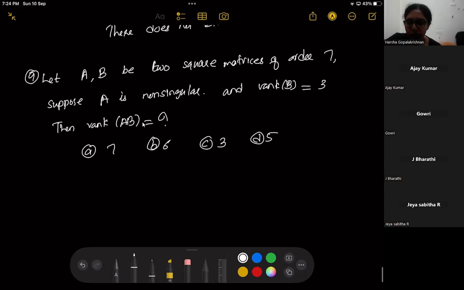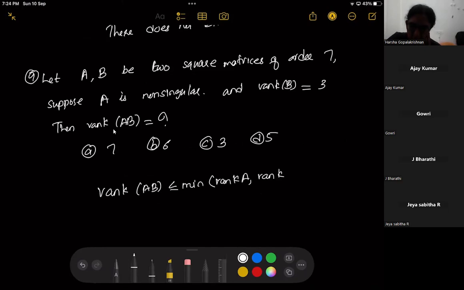To find the upper bound of rank of AB, we have one result. What is that? Rank of AB is less than or equal to the minimum of rank of A, rank of B. So here, what is rank of A and rank of B?